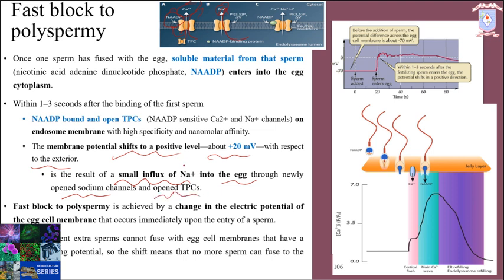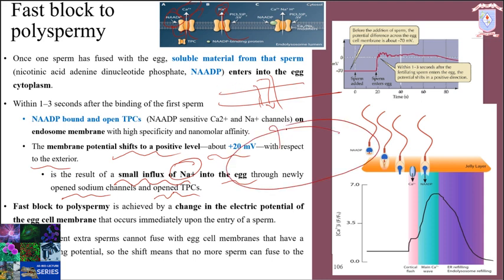At the same time, some sodium channels on the plasma membrane of the egg also get opened by an unknown mechanism, and on the endosome membrane the TPC is also opened.